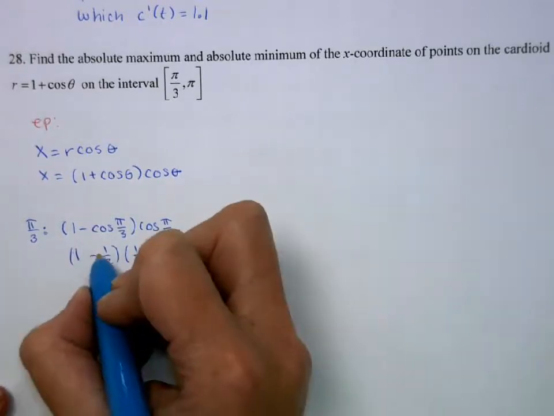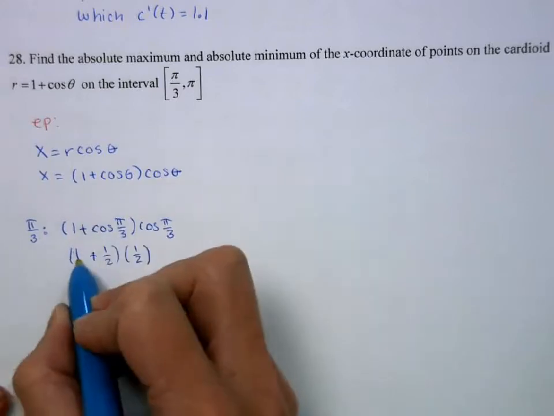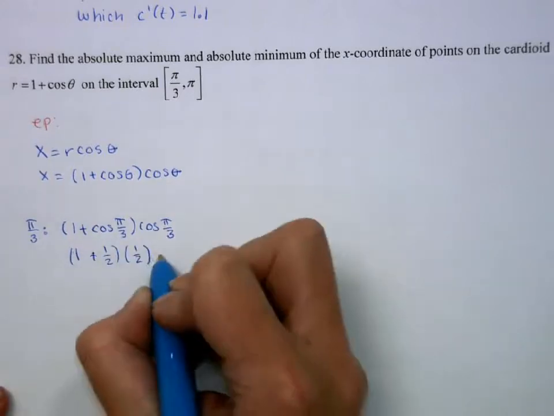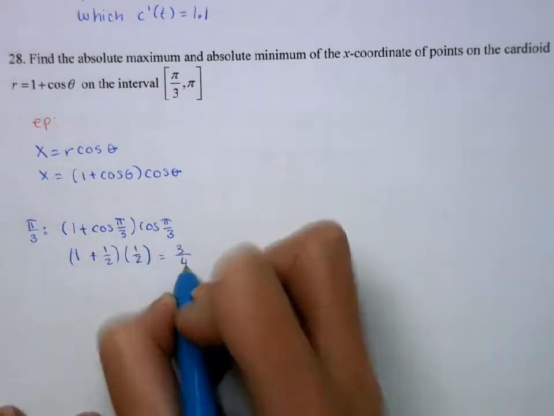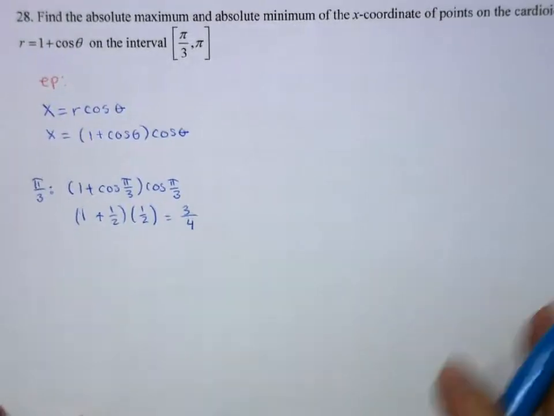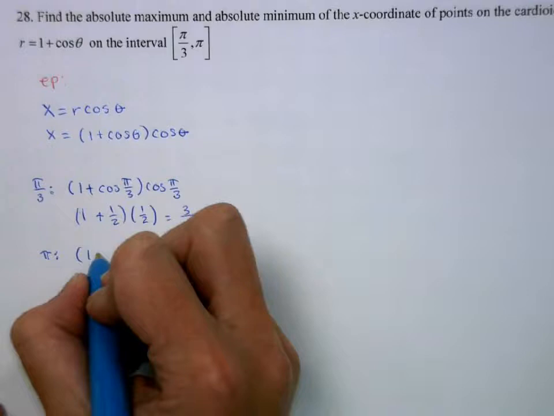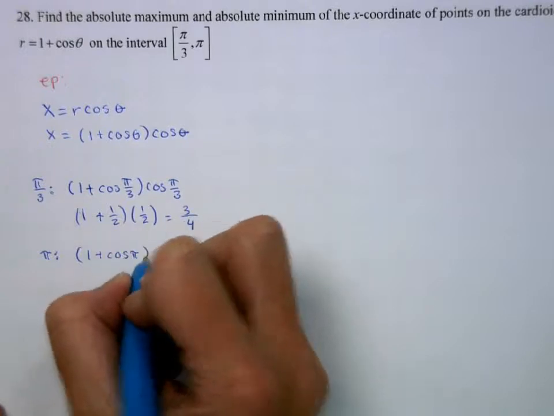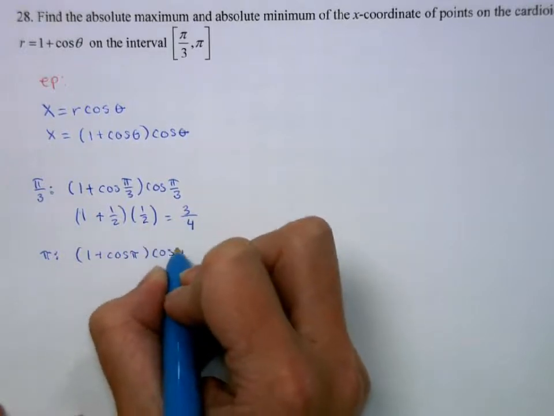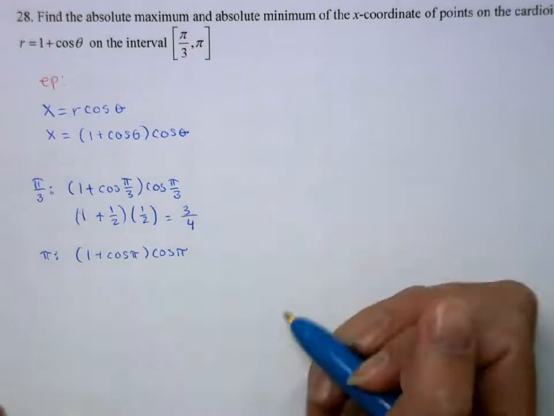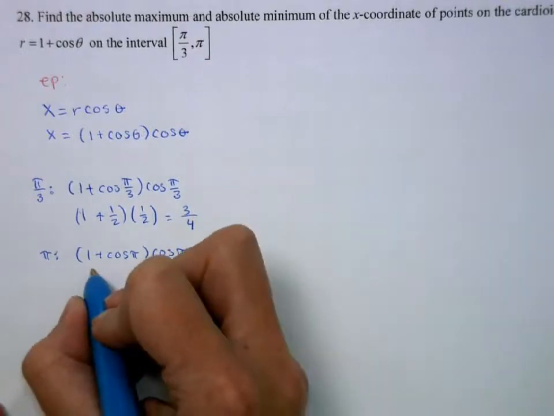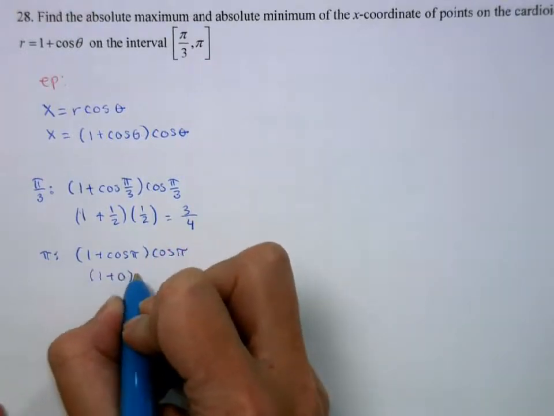So this is going to be 3 halves times 1 half, which is 3 fourths, or type it in your calculator. Then we want pi. Okay, the cosine of pi is negative 1, so this is going to be 1 plus negative 1 times negative 1, which is 0.